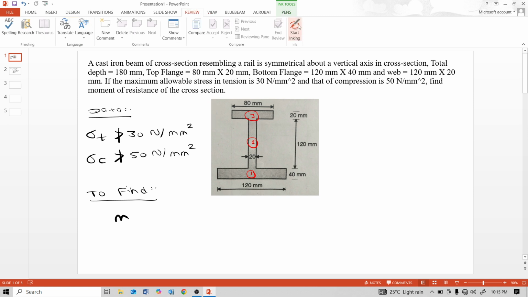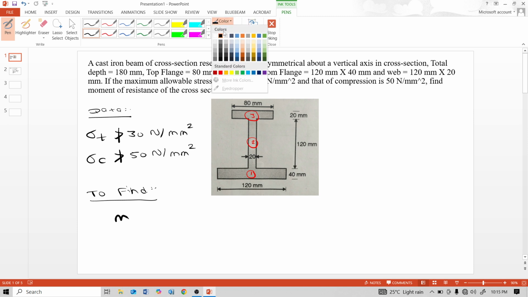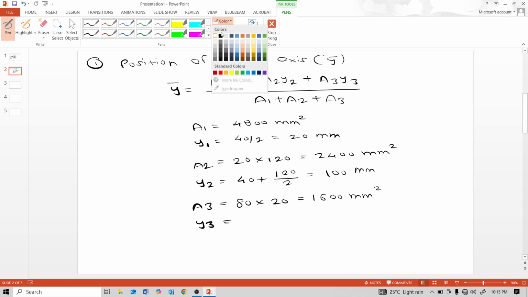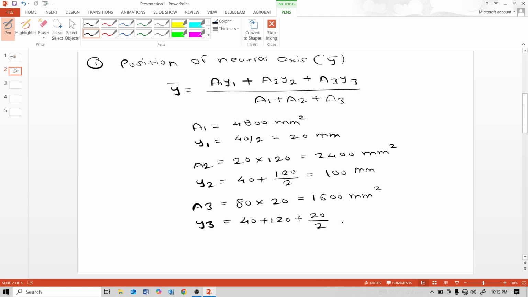So the distance from this bottom fiber to the mid of this top flange is this 40 mm plus this 120 mm plus 20 by 2, which is 170 mm.